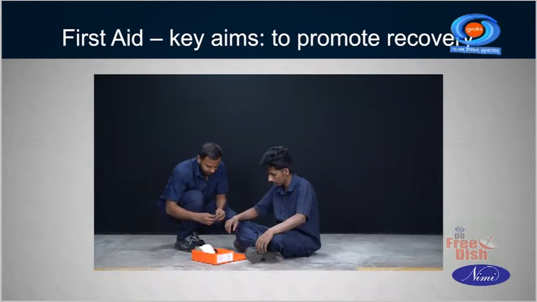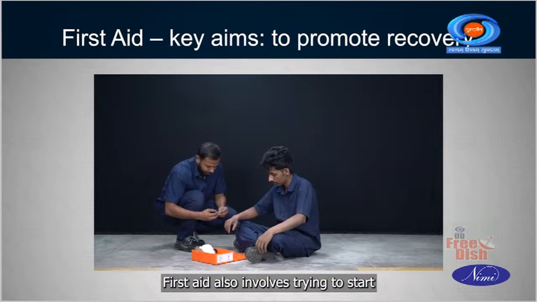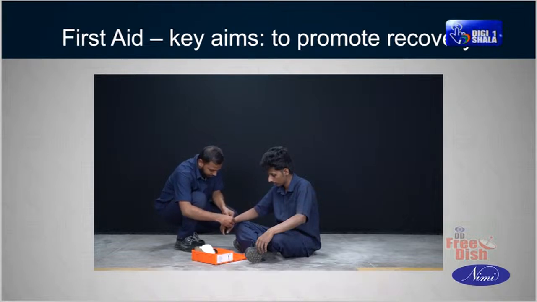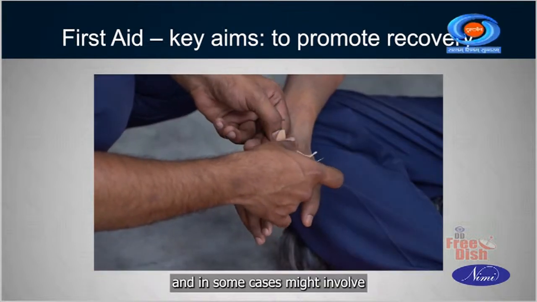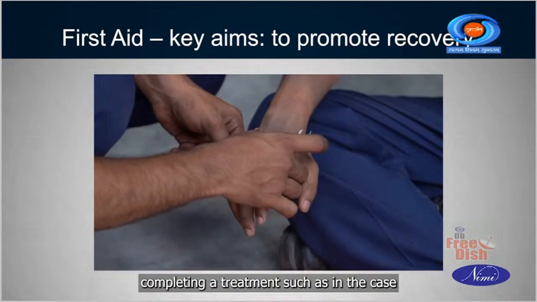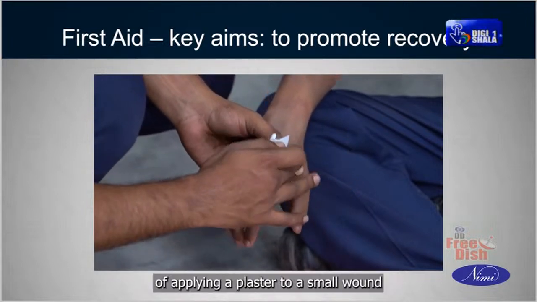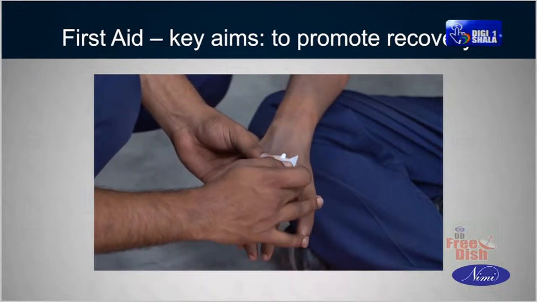Promote recovery. First aid also involves trying to start the recovery process from the illness or injury, and in some cases might involve completing a treatment, such as in the case of applying a plaster to a small wound.